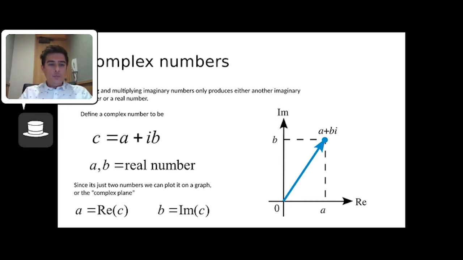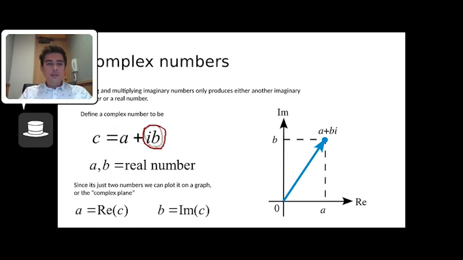So we can make a complex number by combining a real number, a, which we just said is a real number, and then this part here is i times the real number b. So this ib thing is of course a complex number.